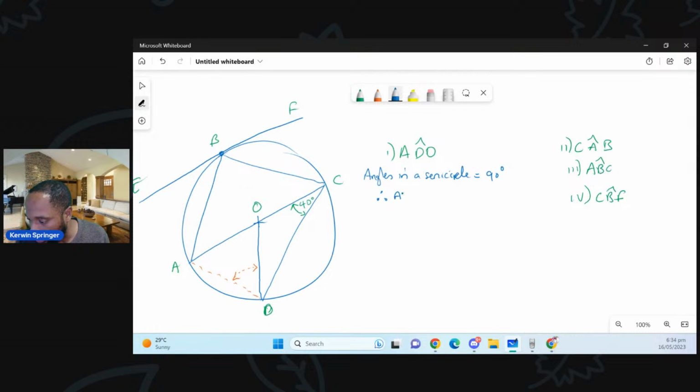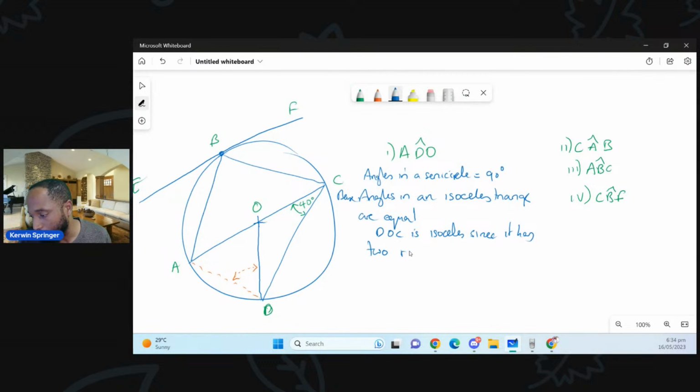Therefore, ADO has to be, and we also know angles in an isosceles triangle are equal. And we know that DOC is isosceles since it has 2 radii.